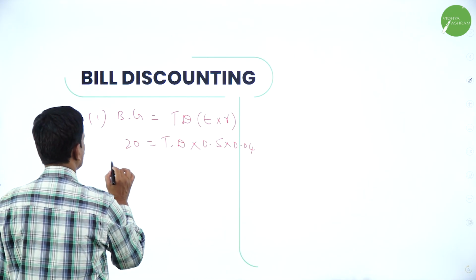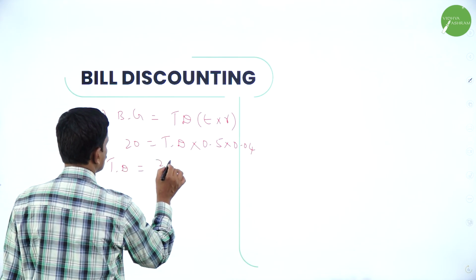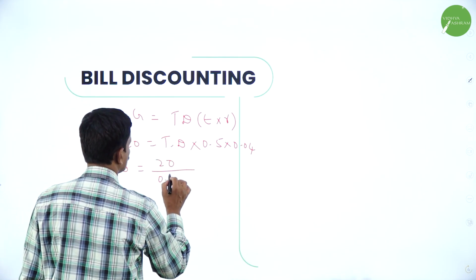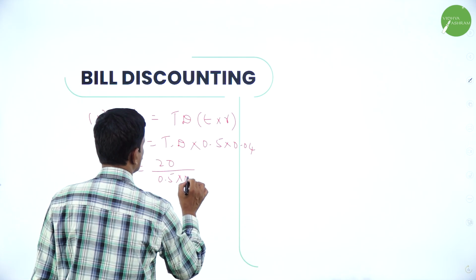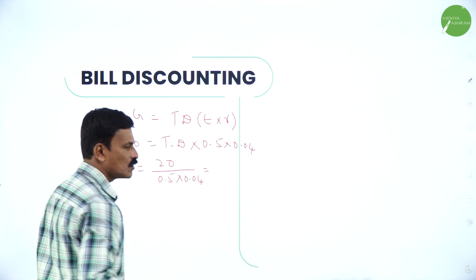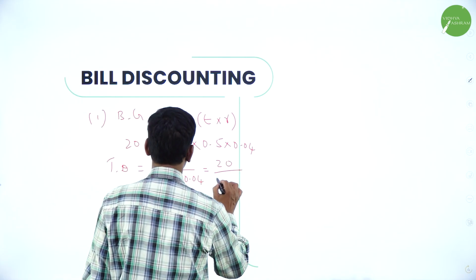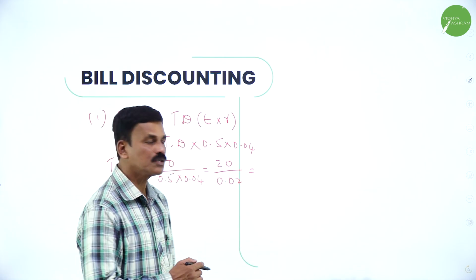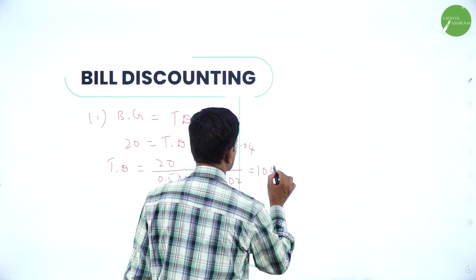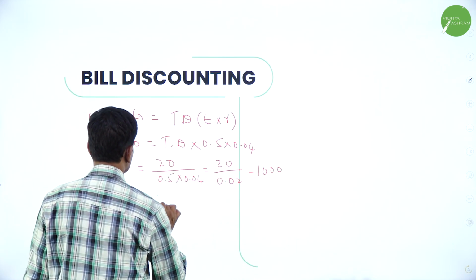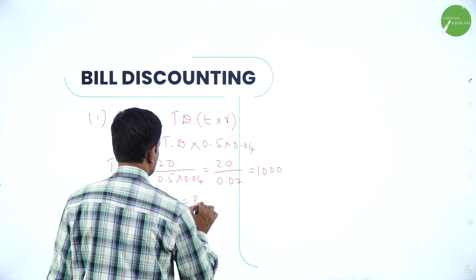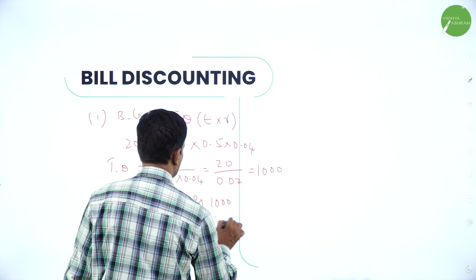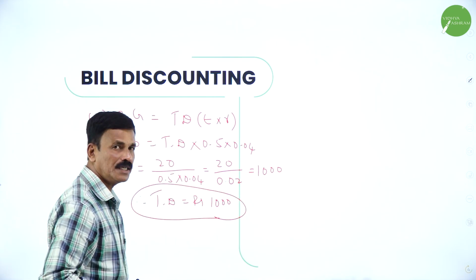So therefore TD can be written as TD is equal to 20 divided by 0.5 into 0.04, that's equal to 20 divided by 0.02. So 20 divided by 0.02 is equal to 1000. Therefore the TD is equal to rupees 1000. First answer we got, right.